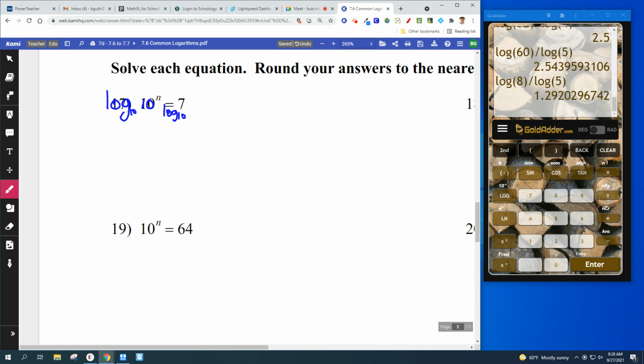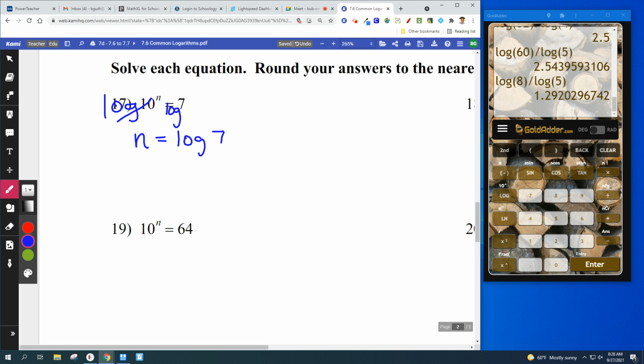Now, log base 10 is just log. So I don't really need to write log base 10. I could just do a log. If I do a log, that is log base 10. And so that cancels this out and gives me n equals whatever log 7 is. Log 7, 0.845 or so. Round your answers. What does it say?